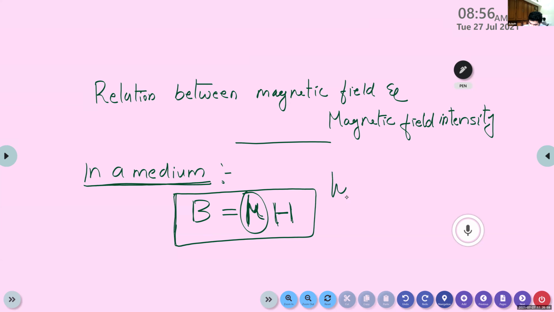Mu 0 represents the permeability of free space, but here we have another constant, mu, which represents the permeability of the medium.